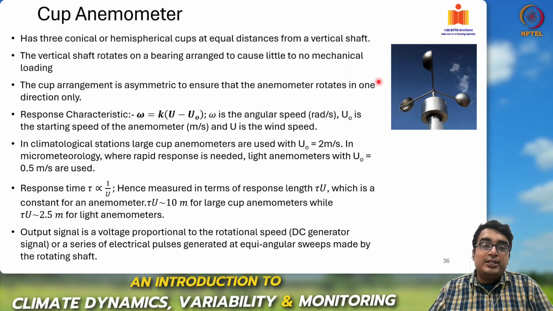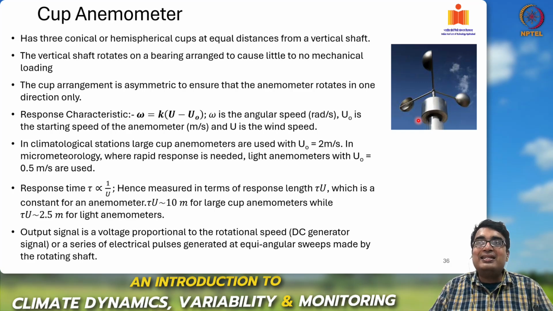One thing to note is the cup arrangement is asymmetric. It is something that we do not see here, but basically they are not symmetrically placed along the 360-degree angle. It is skewed towards one side, and this is done so that the anemometer always rotates in one direction, even as the wind speed changes from one way to the other.